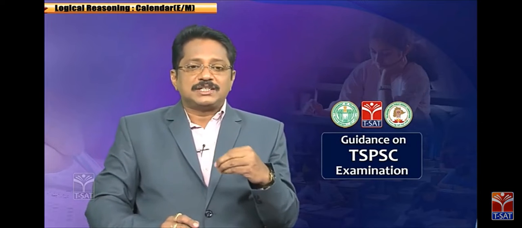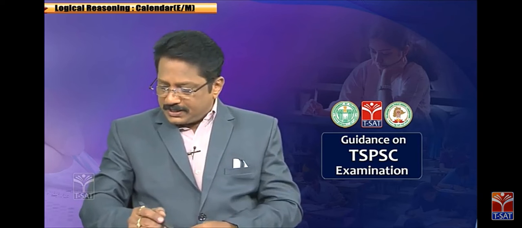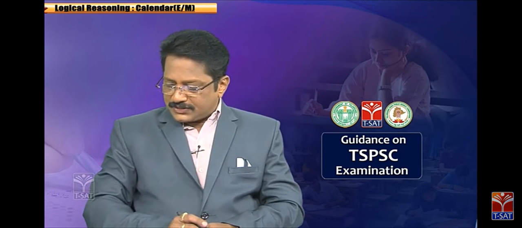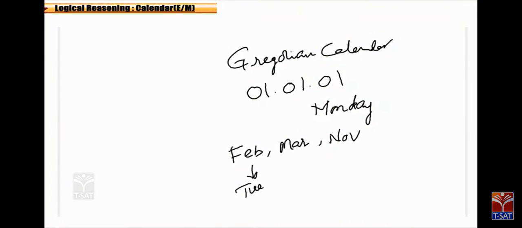For this year 2022, the first of February is Tuesday. So the first of March is also Tuesday, and the first of November this year is also Tuesday. The first days of February, March and November are the same.